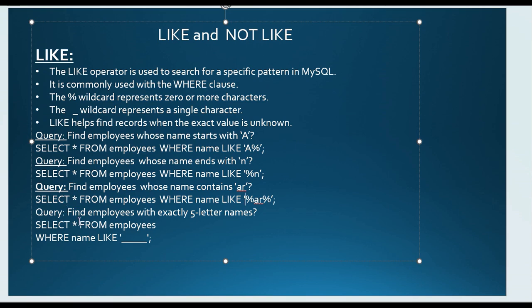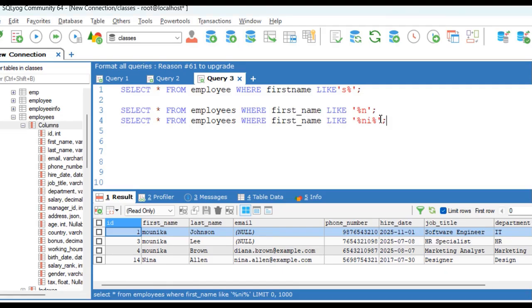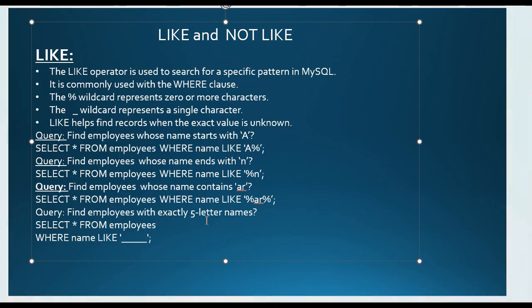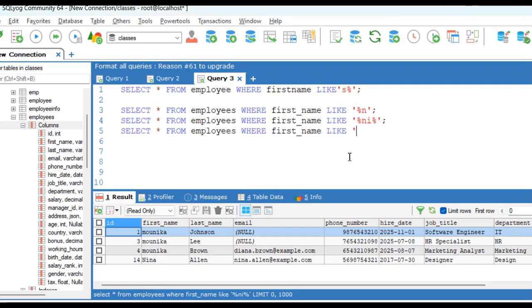Next one, the underscore symbol. The underscore wildcard represents a single character. Find the employees with exactly 5 letter names. Select star from employees where first name like, and here is the syntax: just give 5 underscores.